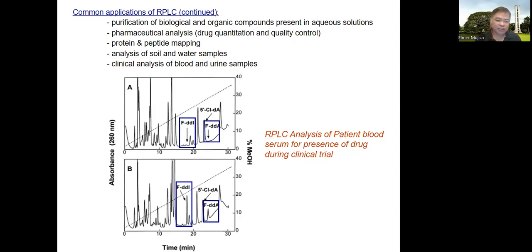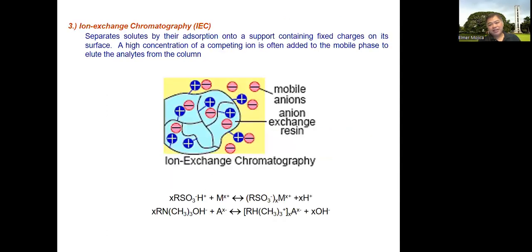Okay, so the example that you have here is this one. Analysis of patient blood serum for the presence of a drug during the clinical trial. So if you end up in the industry, yan yung gagawin nyo. And the good thing, they're automated. Okay? So question within the two, because those are the most important ones.